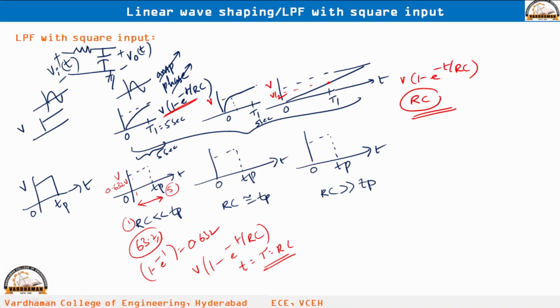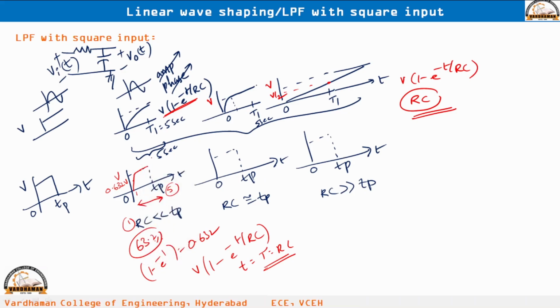Within 1 second it reached 0.632 V, after that it continues to charge up to V volts. What is the meaning of this? Before T reaches Tp seconds, it reaches V volts. Like in the previous case, whatever we have seen for the step input, we got like this, and it continues at V volts.